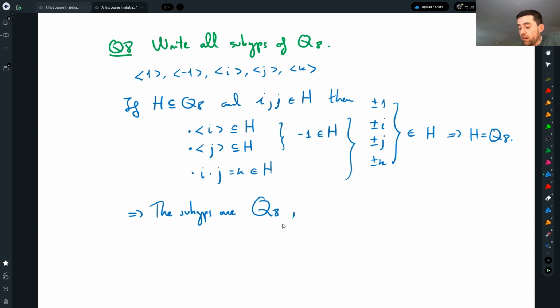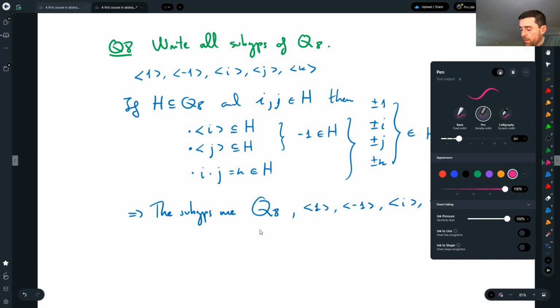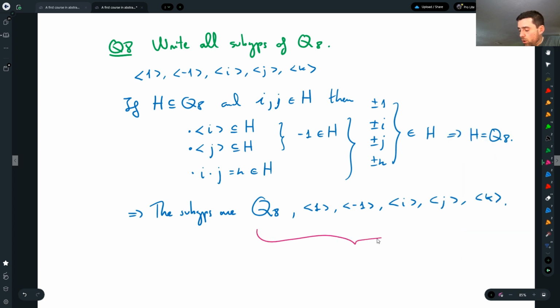The other ones are cyclic, so I have the subgroup generated by 1, so the trivial subgroup, and then the subgroup generated by minus 1, and then the subgroups generated by i, by j, and by k. And that's all of them. So all in all, I have 6 subgroups.